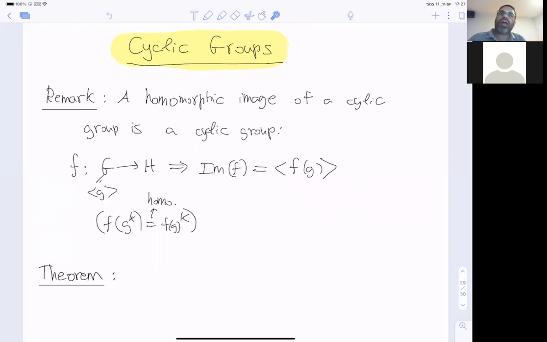And the kernel is always a subgroup in the source. The kernel is everything that goes by F to E. We didn't define it yet, but yes, like the kernel from linear algebra. There are a lot of kernels in mathematics.